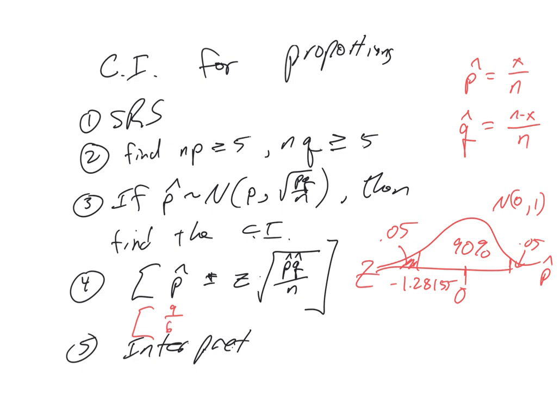So 9 over 64 would be his p hat. And what was your confidence level? Which one are you guys assigned to? 90? 98. So for a 98% confidence interval, what was your z-score? 2.326. Okay? That sounds about right.